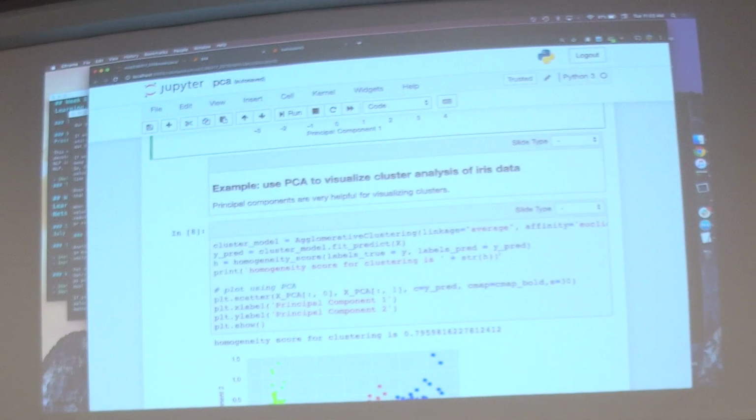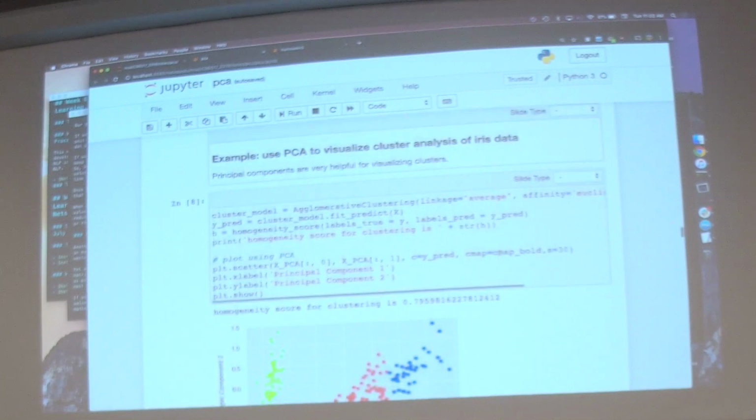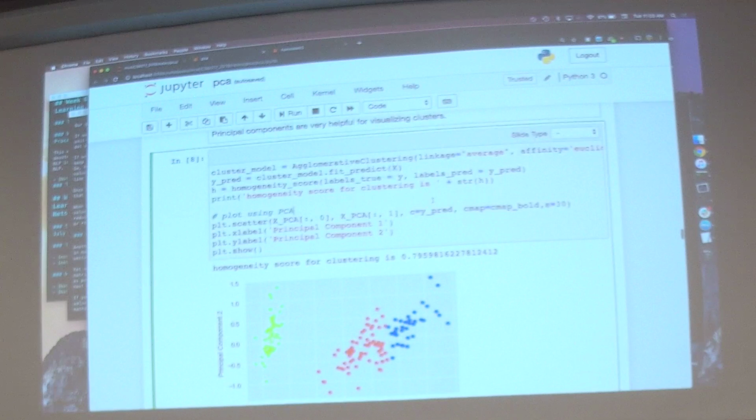One thing we can do is take our new PCA data and use any of the other algorithms we have. So here we're using the original data, but we're just going to use this PCA to visualize it. We're going to do a hierarchical clustering like we did before, but now when we visualize it, we'll use the PCA coordinates.